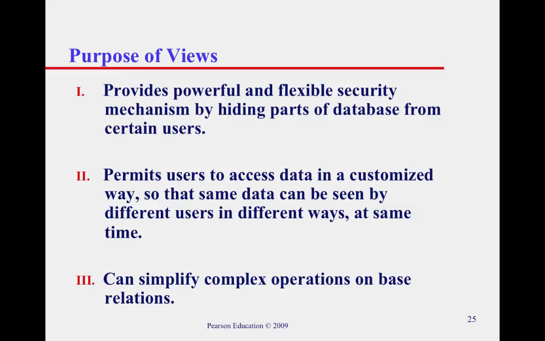A view can be used in effect like a temporary variable, so that you produce a relation which then can be further used in another query, but it will be a simpler query then. So instead of doing one complicated query, you might do 2 simpler queries with the relation produced by the first query being used as input to the second query. So that's what 3 is. Essentially think of it as a temporary variable in that case.